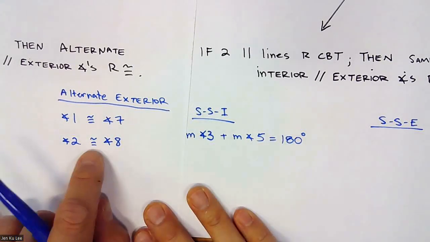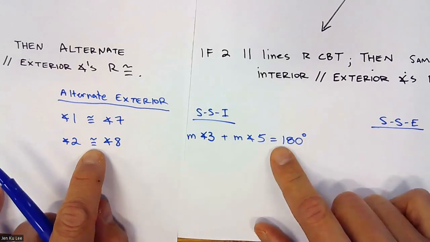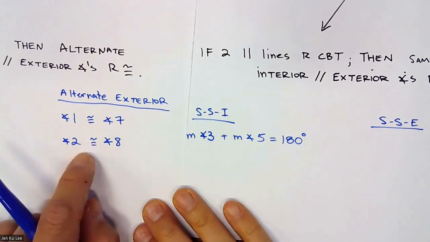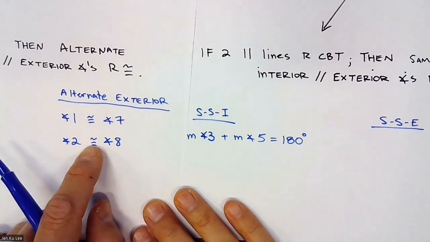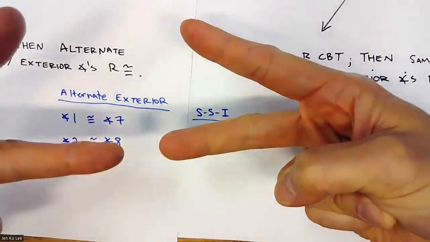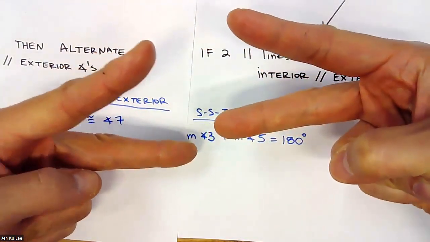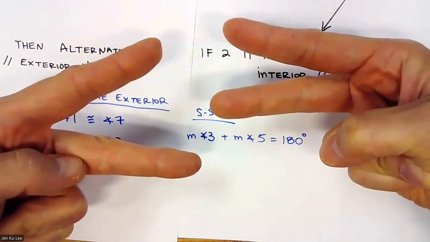So the biggest difference between congruent and equals: with congruent, you're talking about the actual angle itself. This angle that I made with my finger is congruent to this angle here that I made with my other finger. The actual angle itself.